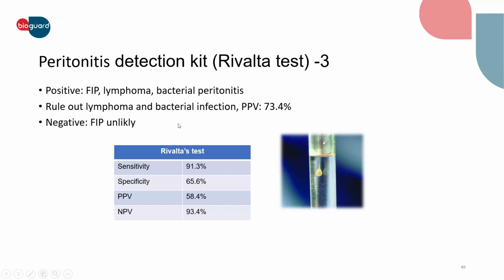And the most useful result is if the test result is negative, then it tells us FIP is highly unlikely for this cat, because the negative predictive value is up to 93%.